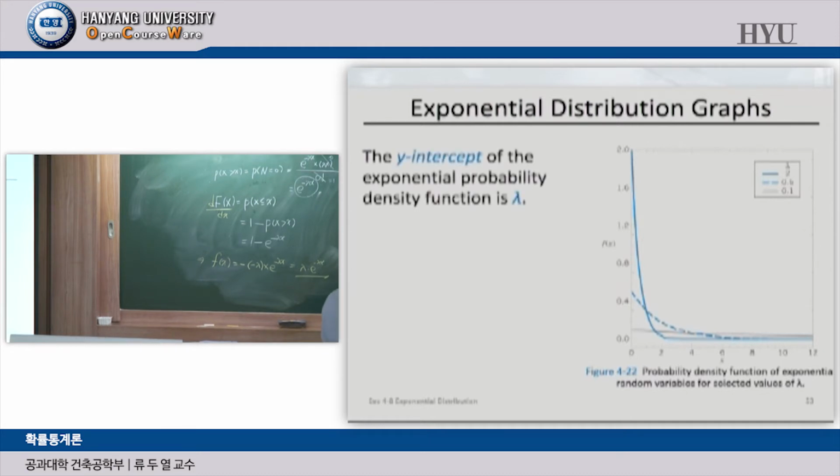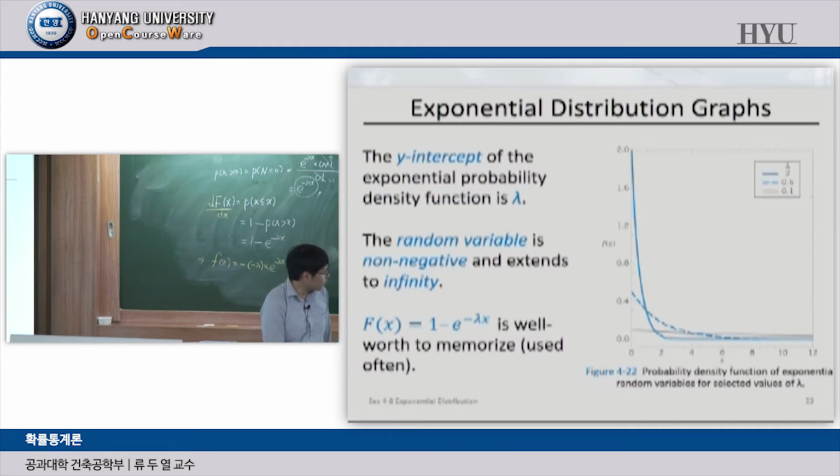Firstly, the y-intercept of the exponential probability density function is lambda, which means the y-intercept indicates the lambda value. And the random variable is non-negative. X should be larger than or equal to 0 and extend to infinity, so x can increase infinitely.